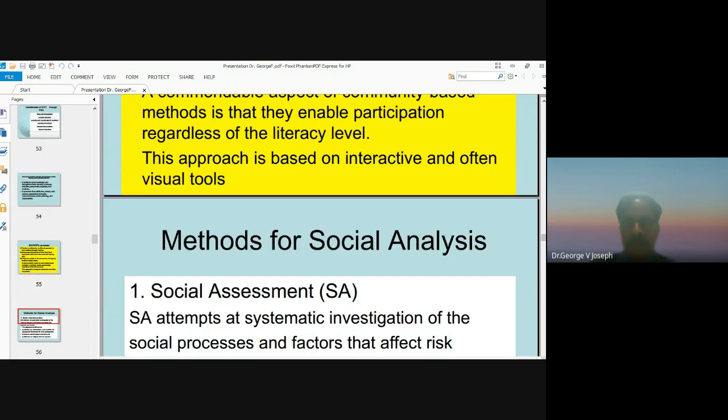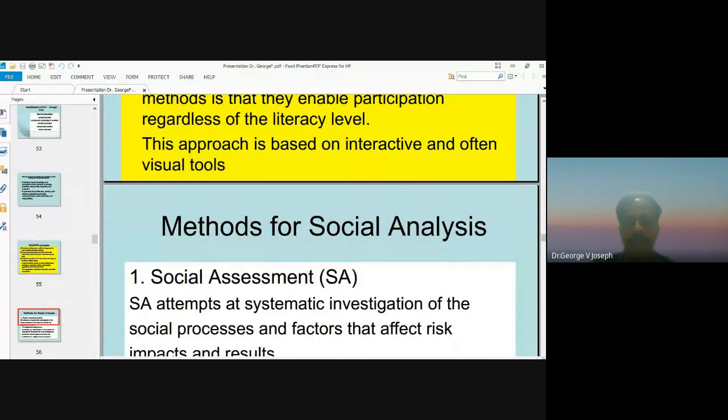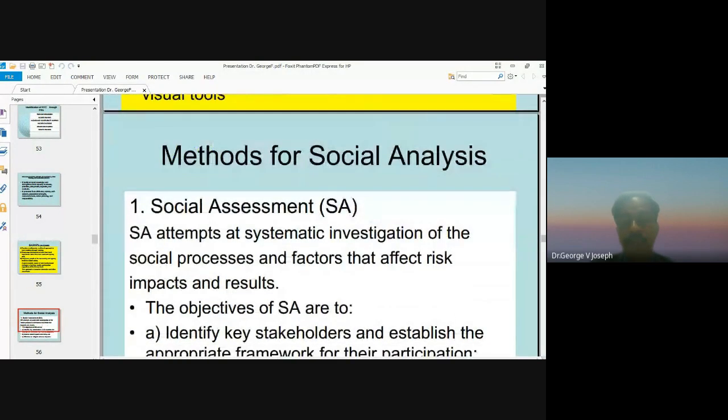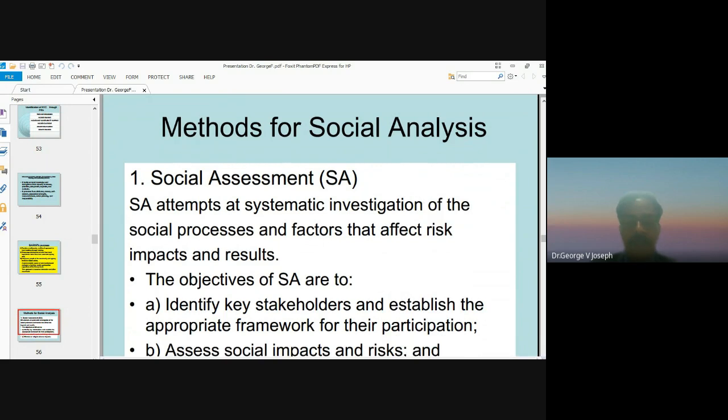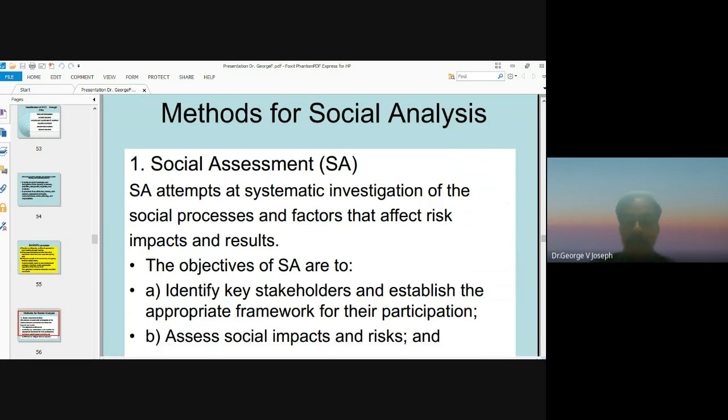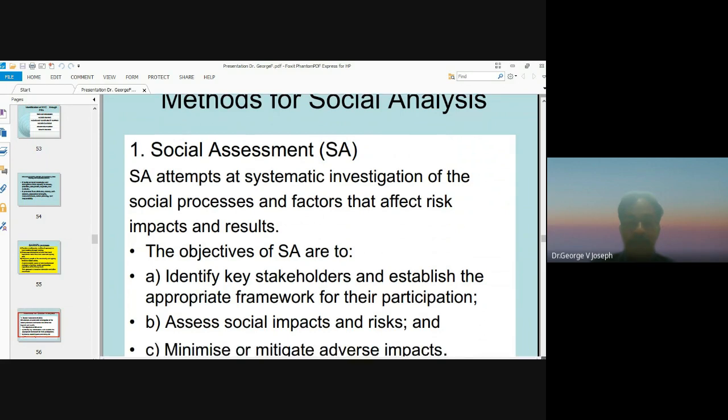There is another method, social analysis. It attempts a systematic investigation of social processes and factors that affect risk, impacts, and results. So what are the social factors affecting the risk? Is it marginalization of certain groups? Is it certain discriminations? Or is it non-involvement of these communities? In this, we have to identify the key stakeholders, then assess the social impact.